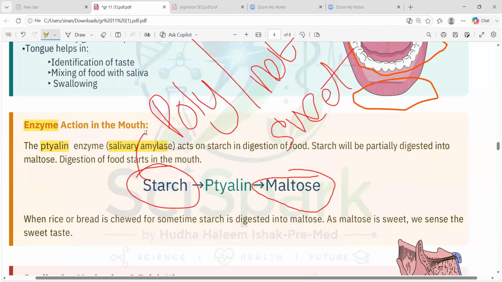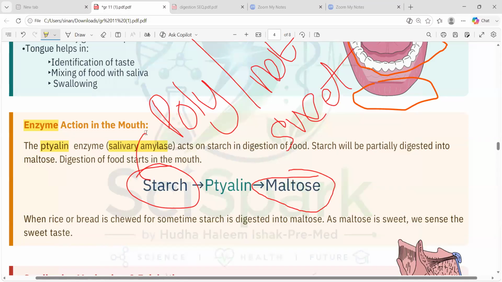Is it a polysaccharide, monosaccharide, or disaccharide? Very good. It's a disaccharide.